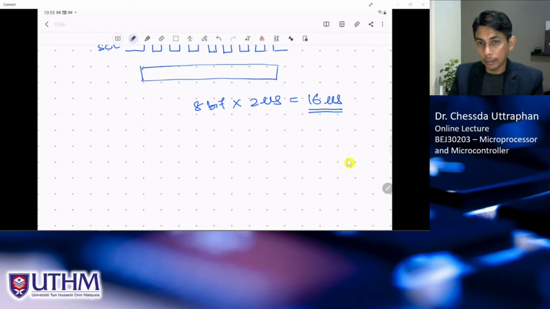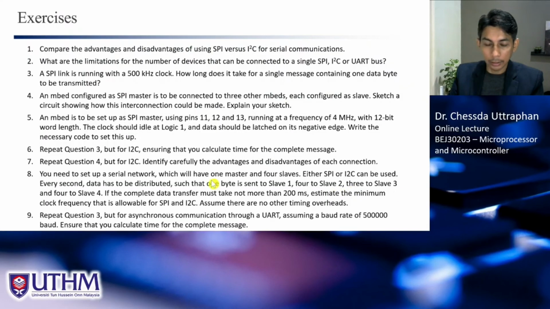Now let's see if we use UART. So this one, number 9, use UART, but you change in your notes. I will share the notes later, because there are some updates, right? Instead of 500 kilohertz, because the unit for UART is baud, so this is 500k baud, 500,000 baud.